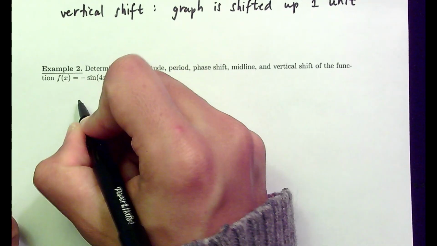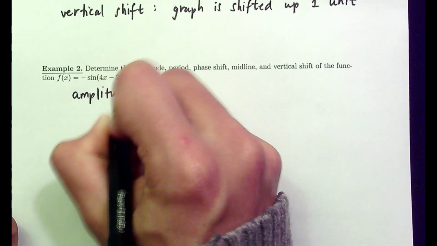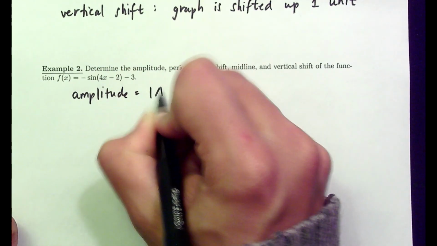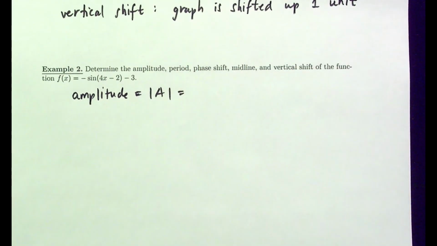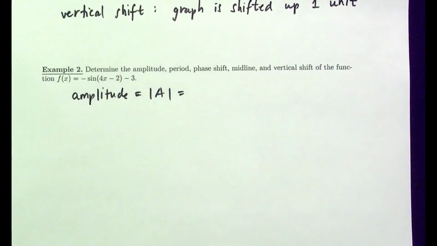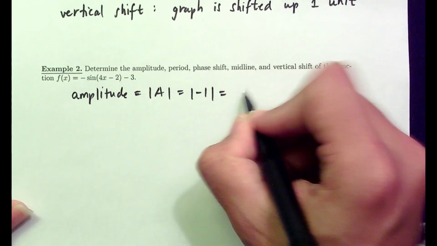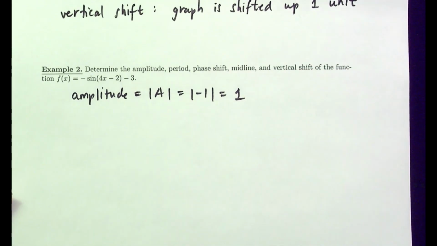So, amplitude is the absolute value of a. And what is the a? The a is the coefficient in front of the sine or the cosine. Okay? In this case, it's -1. So the absolute value of -1 is 1. So the amplitude in this case is 1.